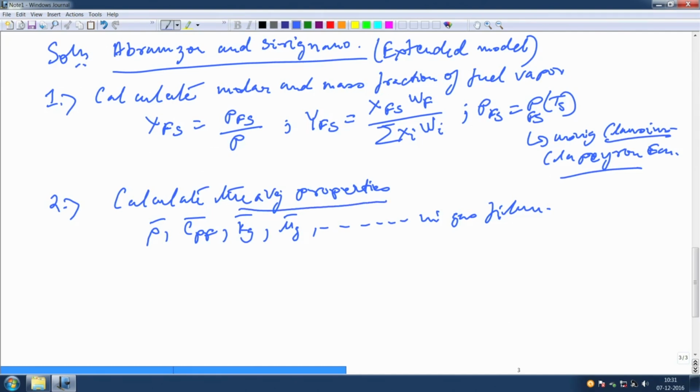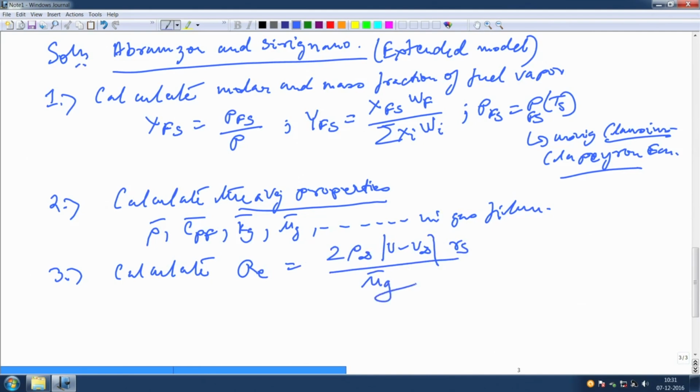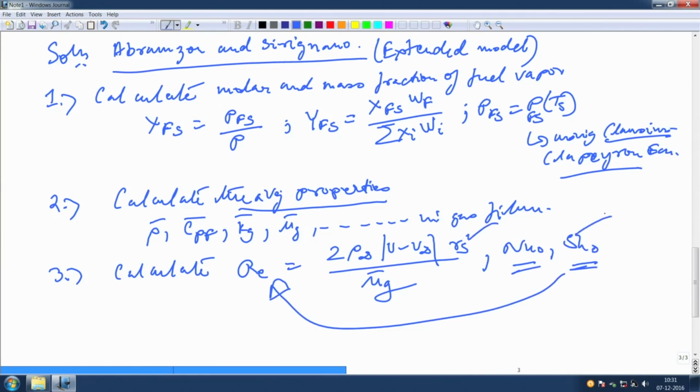Then the third step is that you calculate Re. This is the gas phase Reynolds number, as we know: U minus U infinity, Rs divided by mu g. You also calculate Nu naught and Sh naught. We have defined all these quantities earlier, these are all related to your Reynolds number. So, you can calculate all these quantities in step 3.